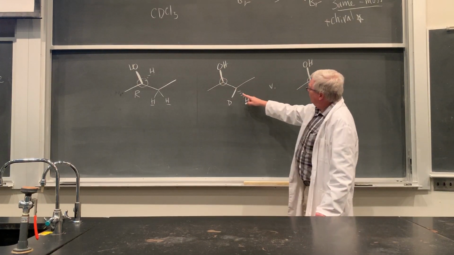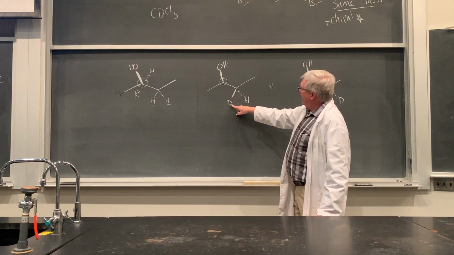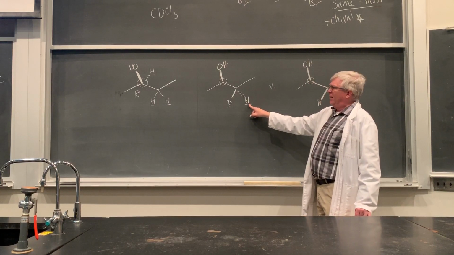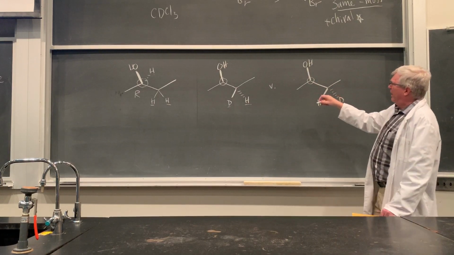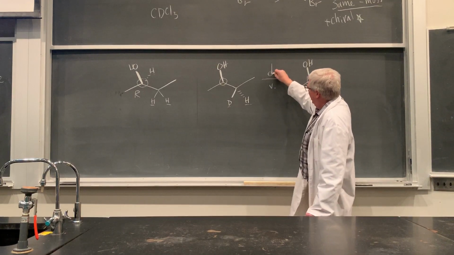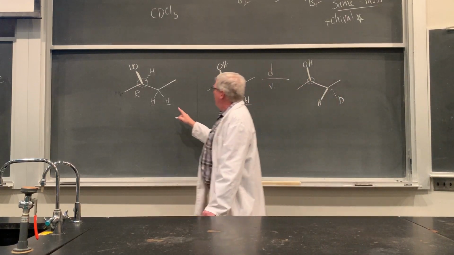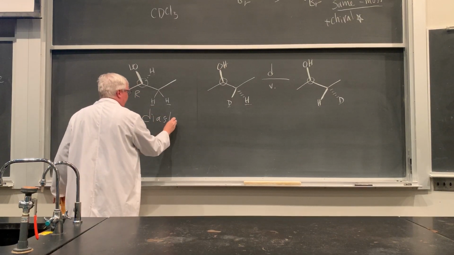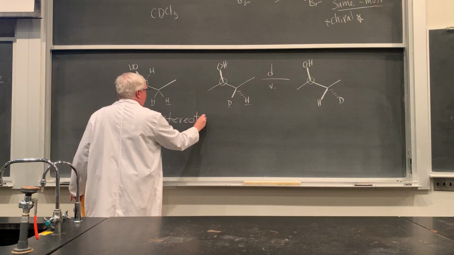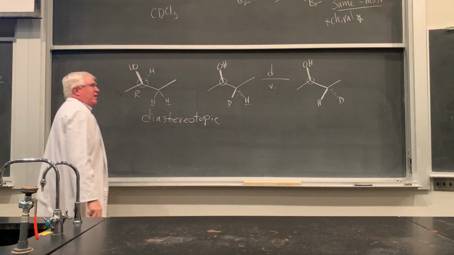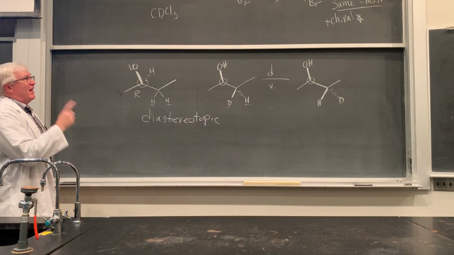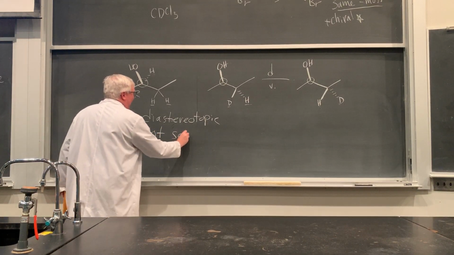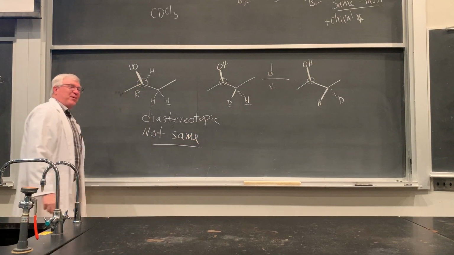Notice any conformation we draw here, this deuterium is always in a different magnetic environment than this hydrogen here. So what do we say, the relationship between these 2? That's right, they're diastereomers, so the 2 hydrogens here that came from that are diastereotopic. And what this means in the NMR is they're not the same ever. So they always show up at different spots.